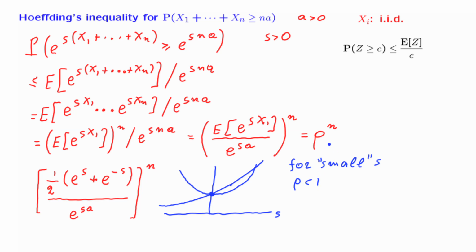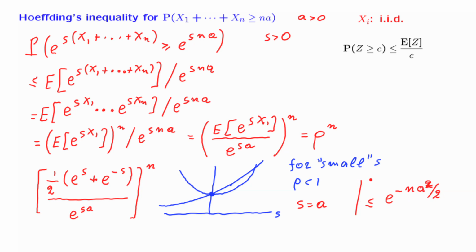Now we would like to get an explicit value for rho, and we will do that by fixing a specific value for s. It turns out that if we set s to be equal to a, then the bound that we get is going to be that this probability here is less than or equal to e to the minus na squared over 2.